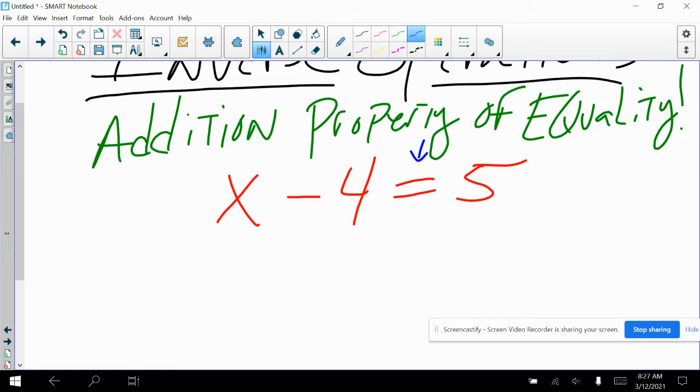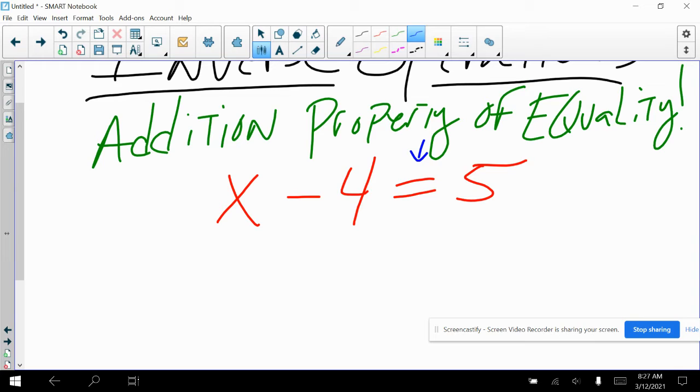Okay? So the variable here is on the left. You agree? Yes? There is also a -4 there. Do you agree? Okay, we have to move that because we want to get the x by itself.